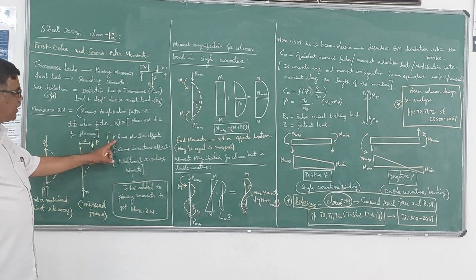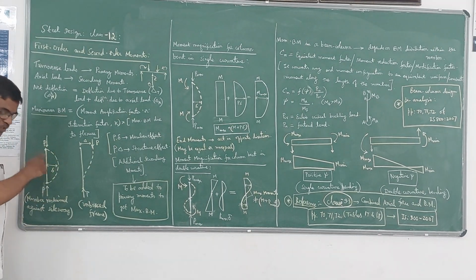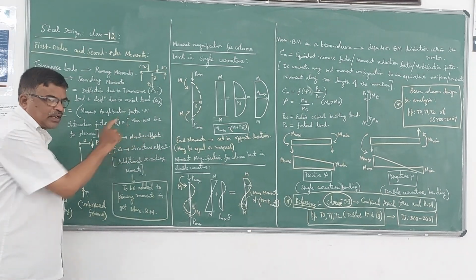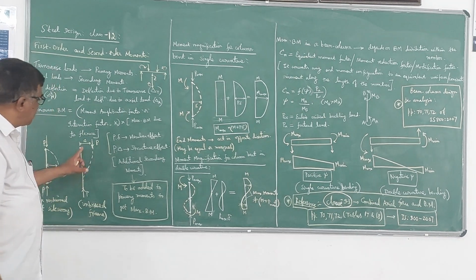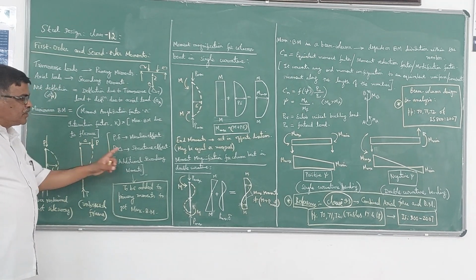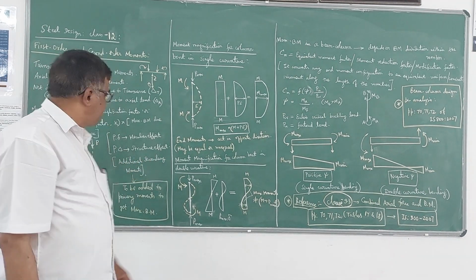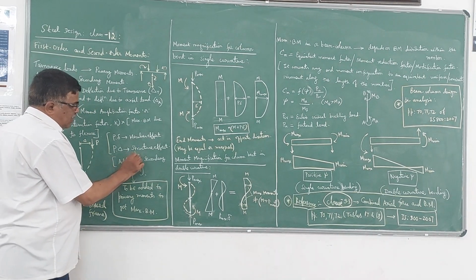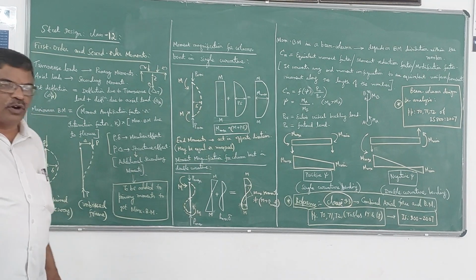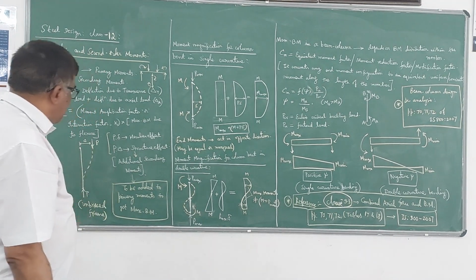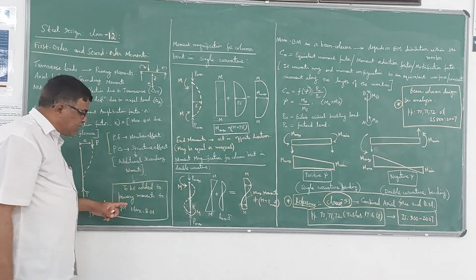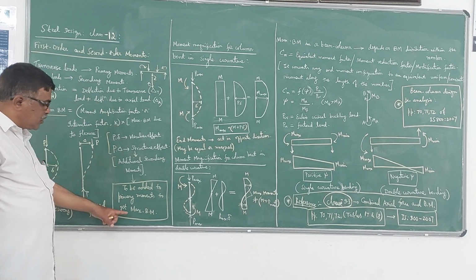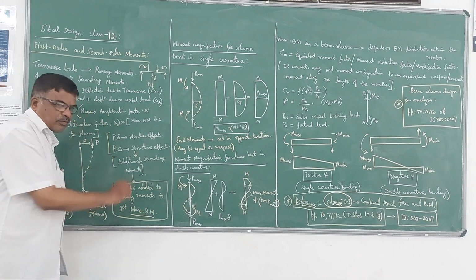So here, this P into small delta, whatever is there in this case, is due to the member effect, whereas P into capital delta is due to the structure effect. These are the additional moments which we have to calculate in the case of beam columns, and these additional moments, secondary moments, should be added to the primary moments to get the maximum bending moment.